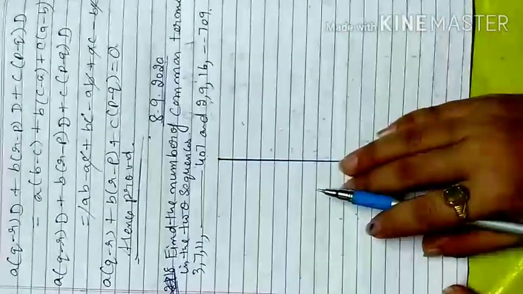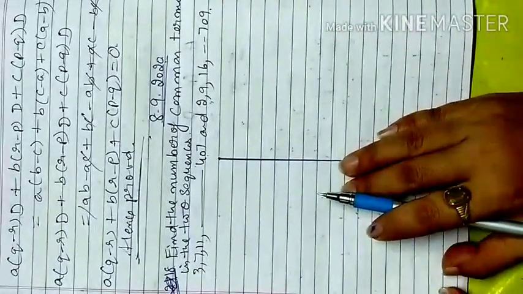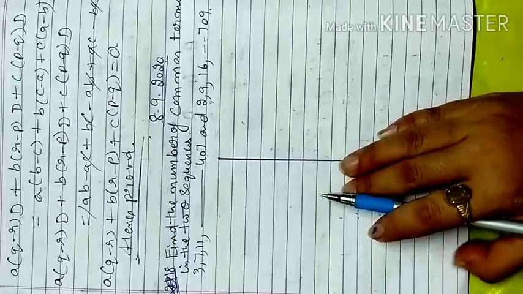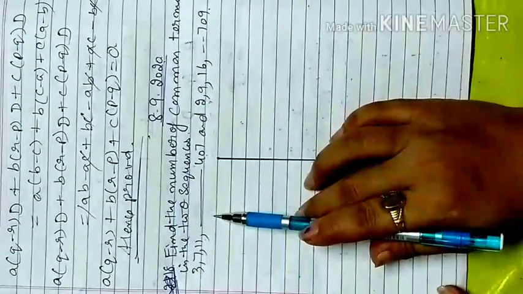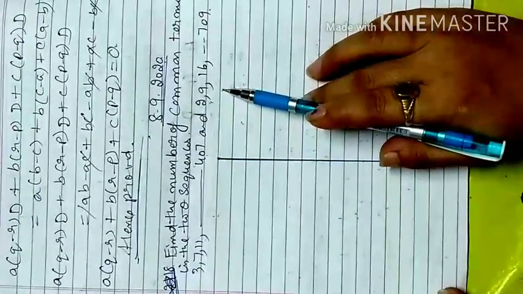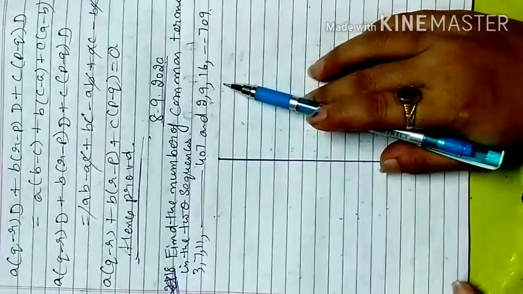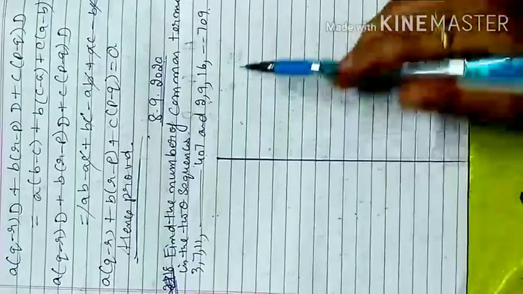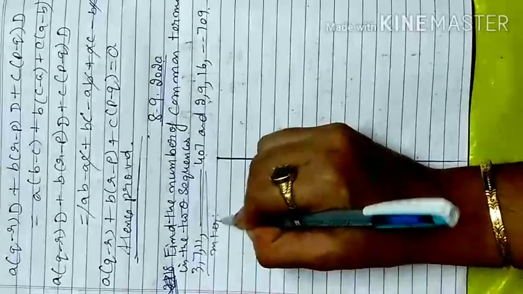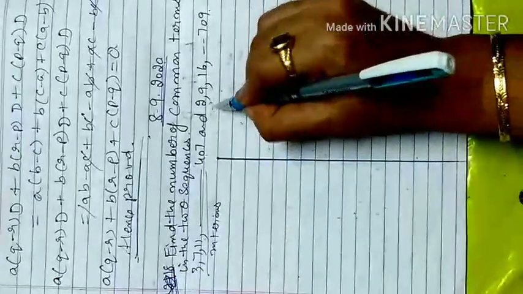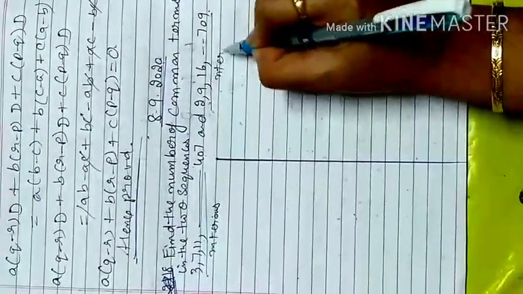these two series. So the very first thing, before finding the quantity of the identical terms, first you have to find how many terms are in the first series and how many terms in your second series. So first we will consider, suppose I have m terms in the first series and in the second series I have n terms.